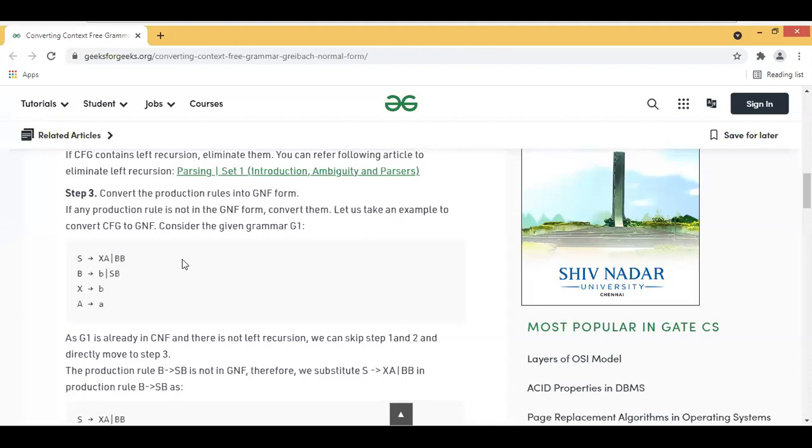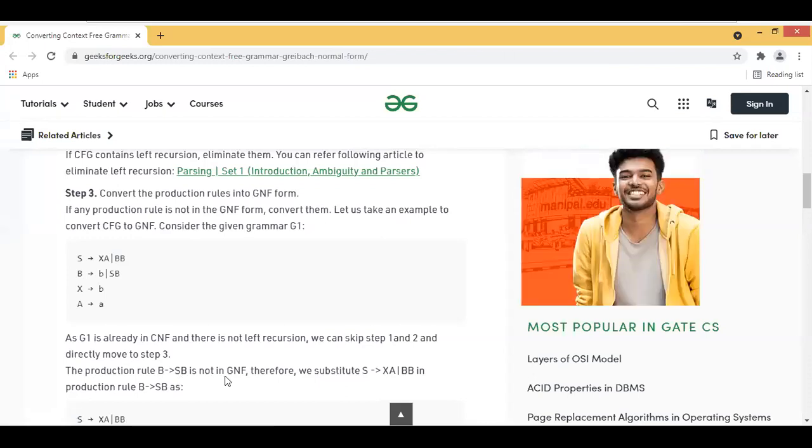Now we need to get each and every variable in the form of GNF. The production rule S tends to SB is not in GNF. Why? Because we need to substitute the XA or BB in the production rule B tends to SB.